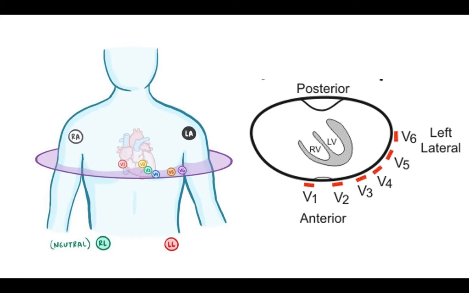Here also the same thing in the transverse plane. If a vector moves towards V1, then it will give positive deflection in V1 and it will give negative deflection in V6, and in between V4 and V6 it will give somewhat positive and somewhat negative deflection, right?